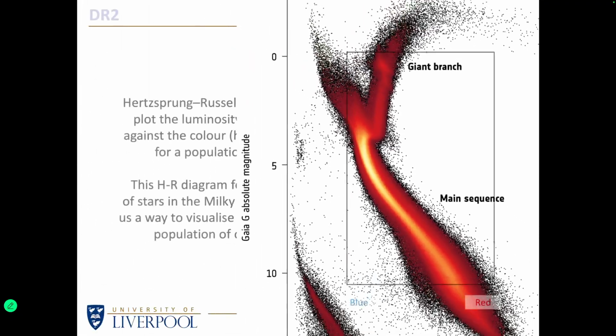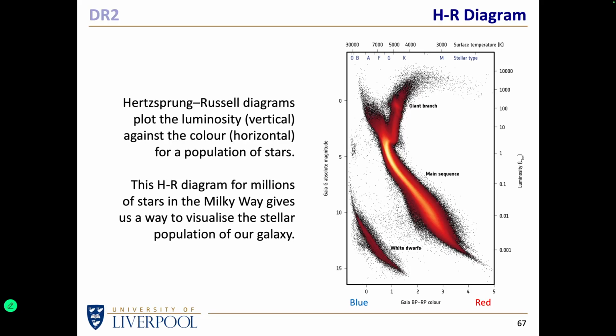So instead of guessing what we think that ought to look like from a small sample of stars, we now have so many millions of stars mapped out that we know this is what the Hertzsprung-Russell diagram, the luminosity colour diagram, looks like. And so we have a much better way of probing the stellar evolution of stars in our Milky Way. Rather than just taking a small sample and assuming it's representative, we now have the data that tells us how evolution works in our Milky Way.